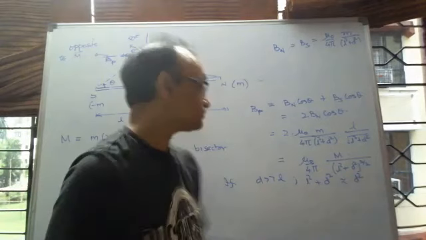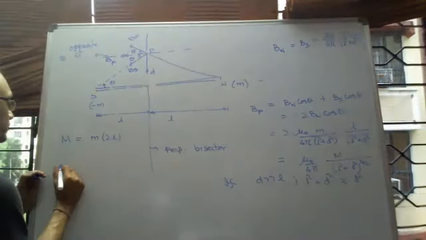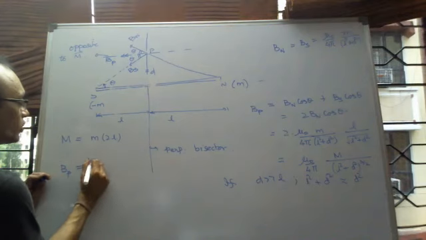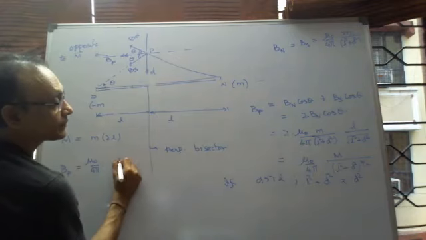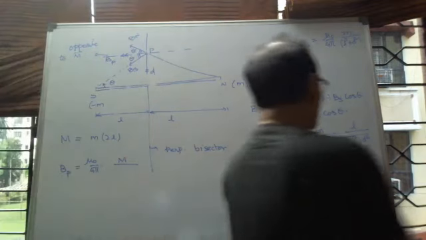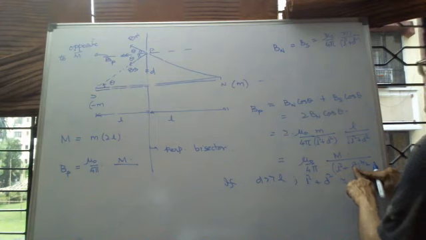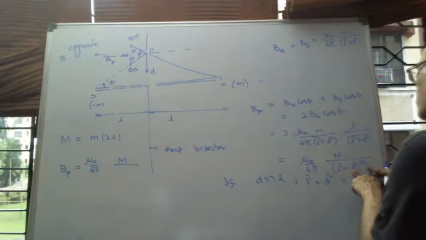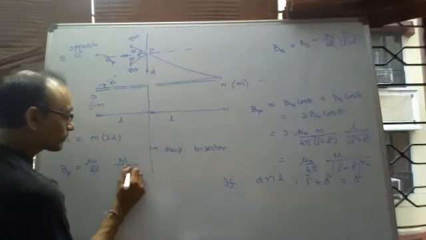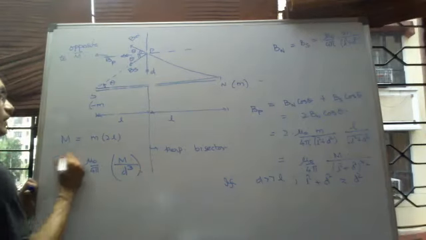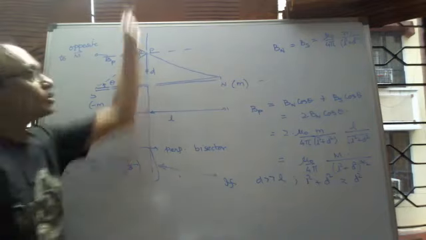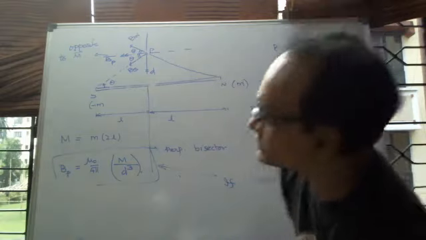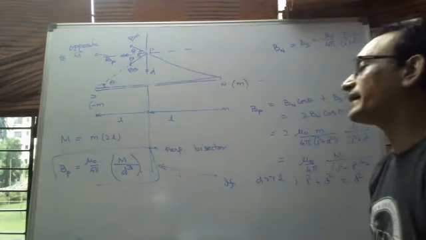So then B at P is like mu naught by 4 pi into magnetic moment m divided by d square root, d and d cubed हो गया. If d is much larger than L, this is on the perpendicular bisector of the magnet, right? And m is the magnetic moment of the magnet.